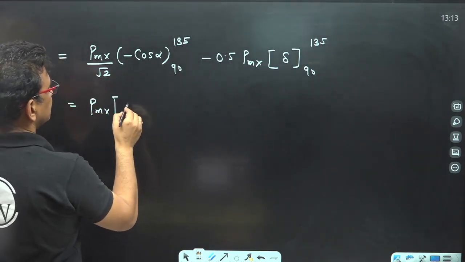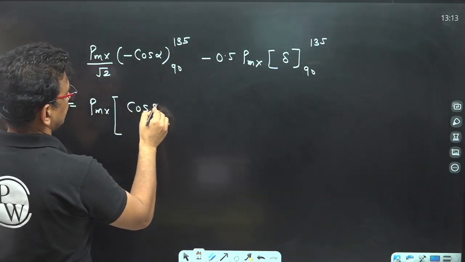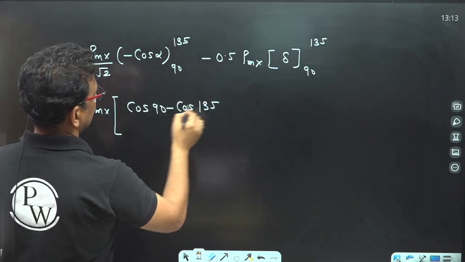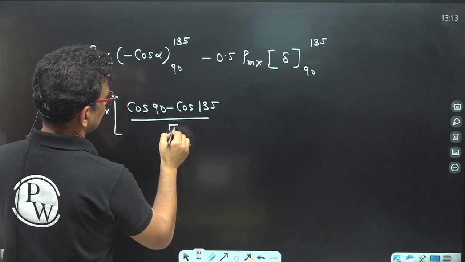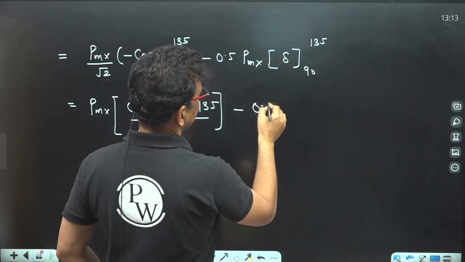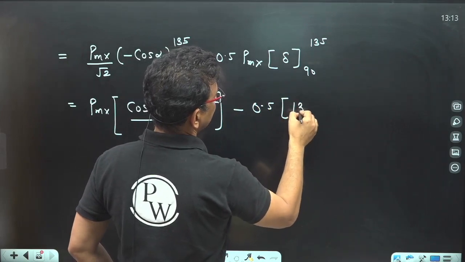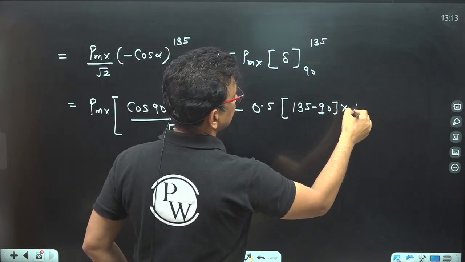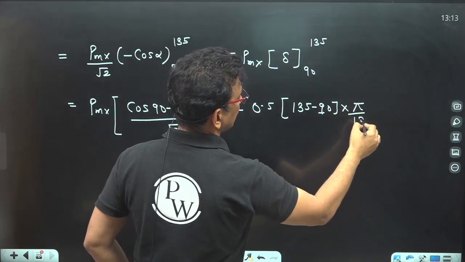So cos 90 minus cos 135 divided by root 2. Cos 90 is 0, and this is minus 0.5. Angle 135 minus 90, convert this into radians, so it becomes pi upon 180 degrees.